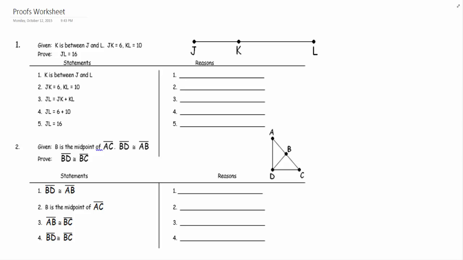So I'll give you a minute to do that. Once you've done that, we can unpause the video, and I'm going to go over 1 and 2 with you. Then it's going to be up to you to finish the rest on your own as a group.